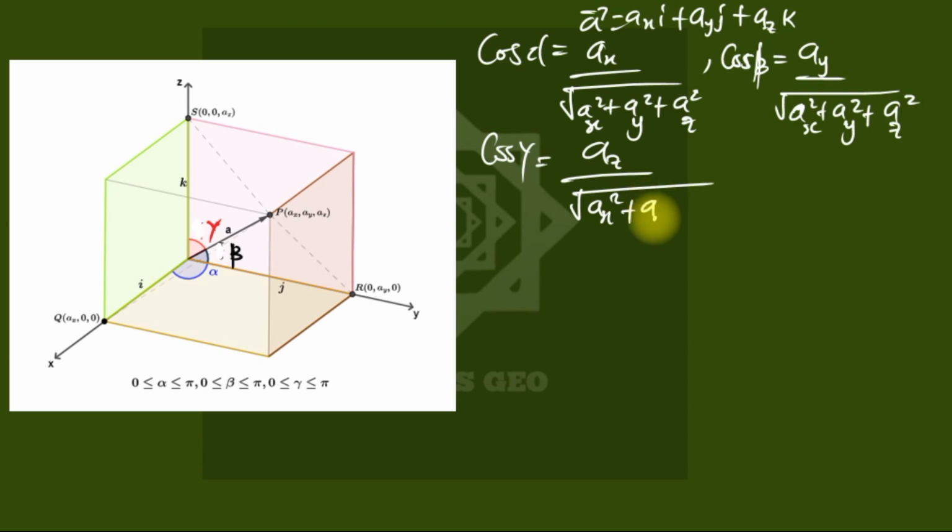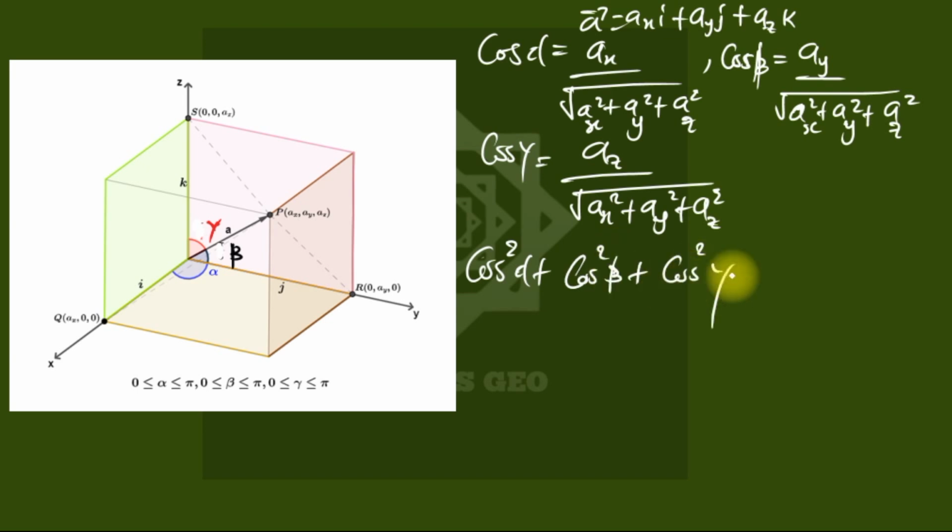So let's try something. Let's add the squares of the direction cosines. So let's do cos squared alpha plus cos squared beta plus cos squared gamma. Let's see what we'll get.